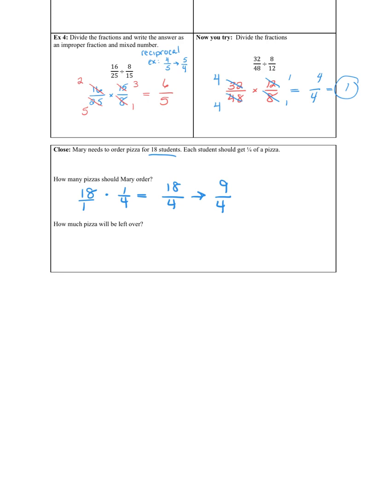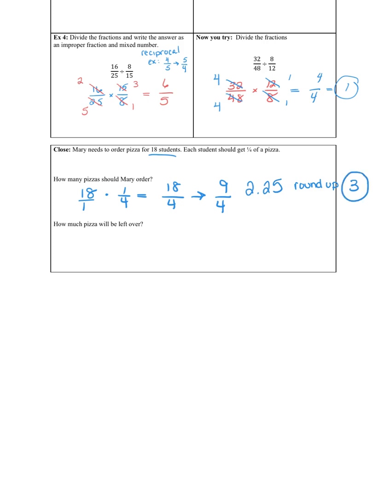That doesn't make any sense. So if I change that to a decimal, that's actually going to be 2.25. So I can't order only 1/4 of a pizza, so I'm going to have to round up, right? So I'm going to round up to a total of 3 pizzas.